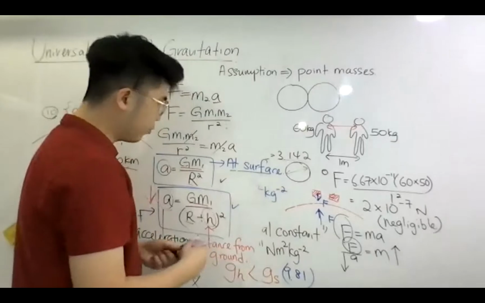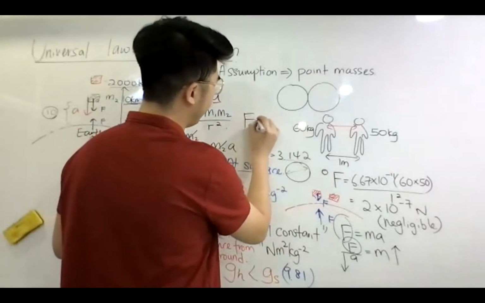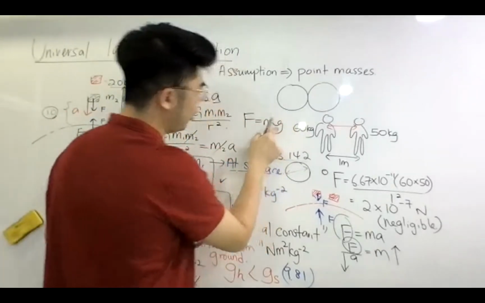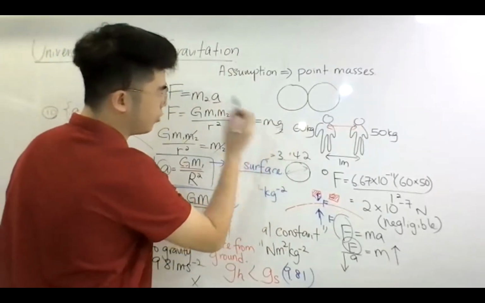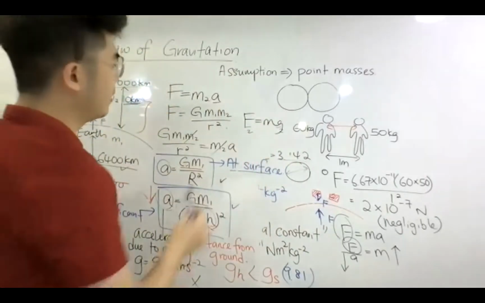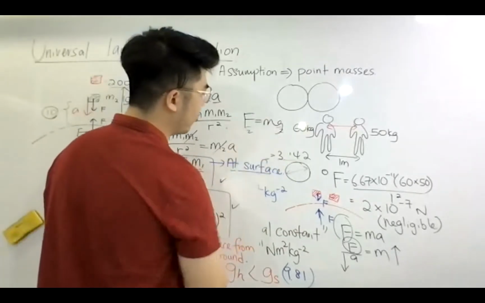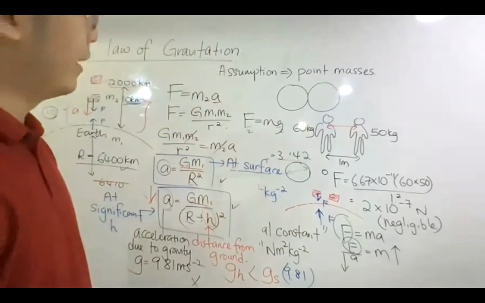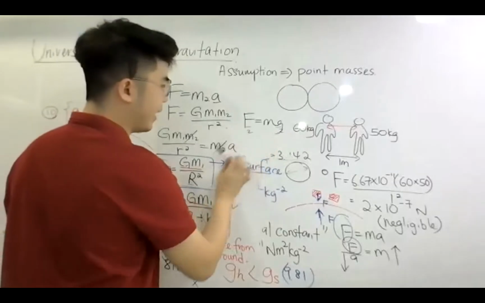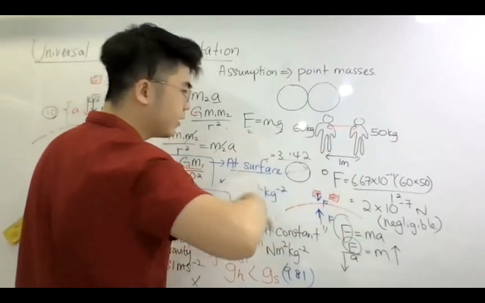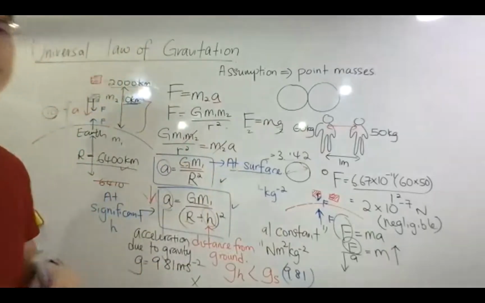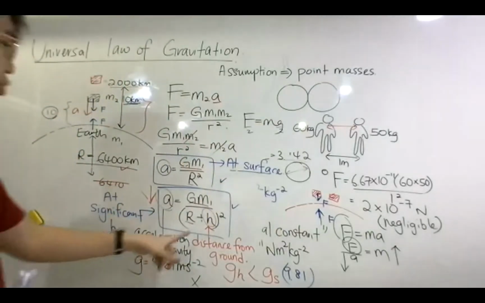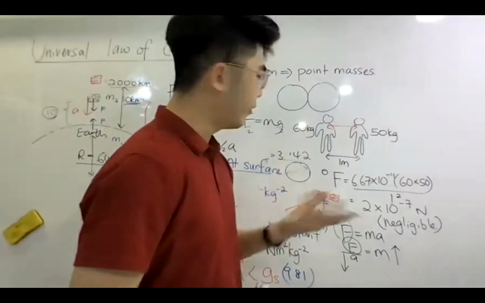Because the G is the one that affects the weight. F equals mg. If the G is half, then your weight also half. If you weigh 600 Newton, then your weight becomes 300 Newton. Now, your weight decreased by half, that affects the blood circulation, the cell growth, everything. All right? That is why the G is important in our daily life.